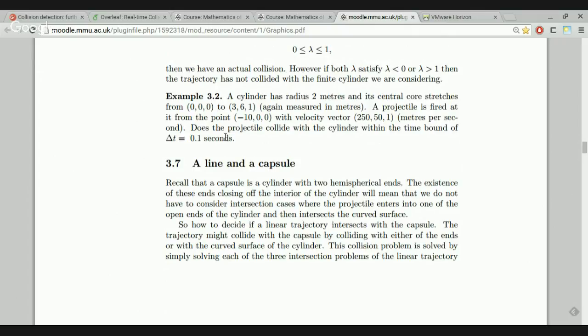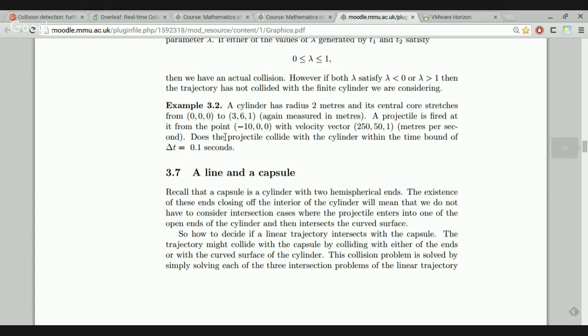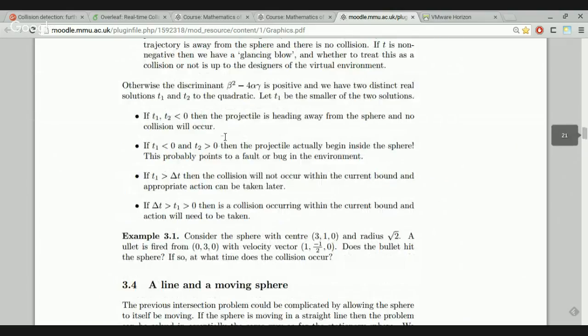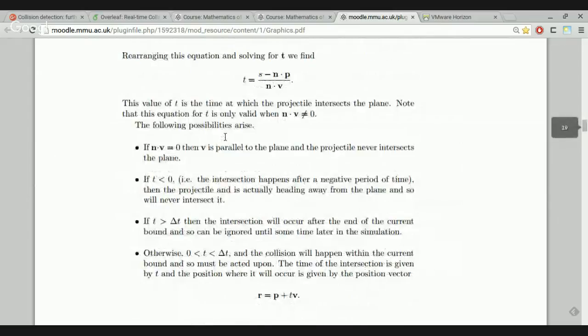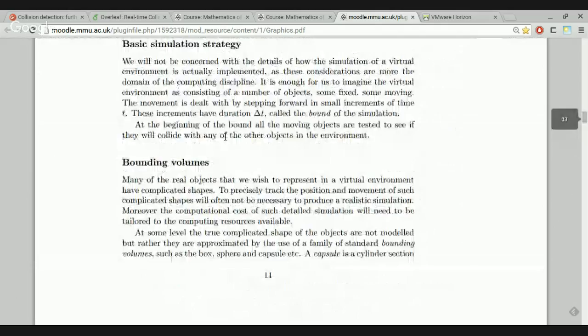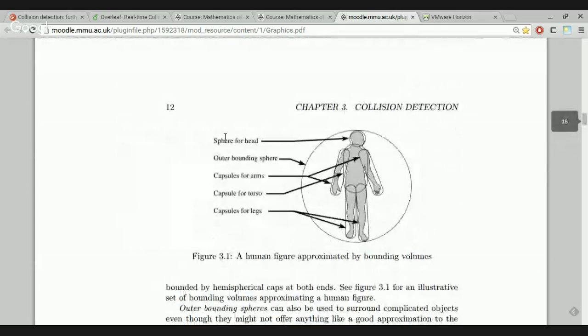So then remember, we talked about a capsule as a bounding region. Capsule is a kind of fundamental object. The capsule was a cylinder with spherical ends. So in our diagram of the human figure back here, we were approximating the limbs as capsules. So they're cylindrical objects with spherical ends.